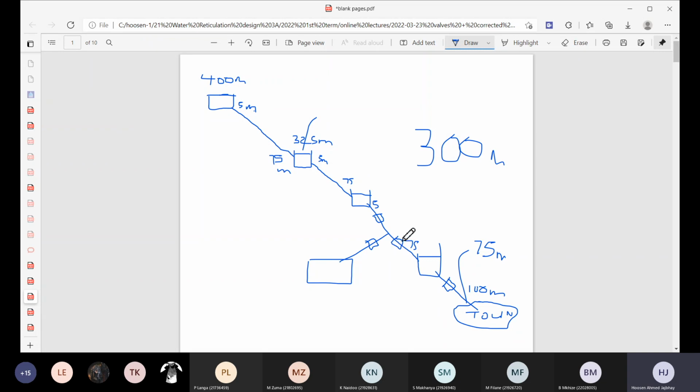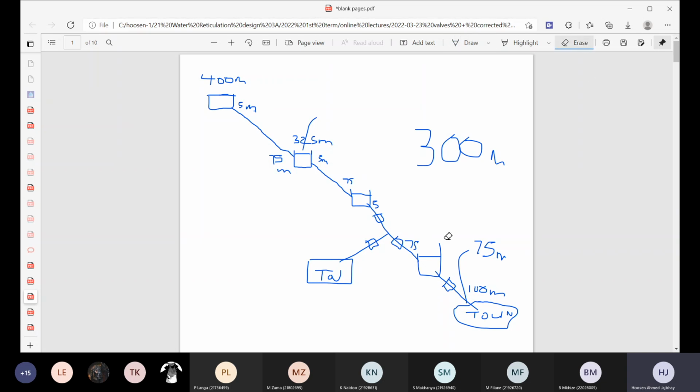The reason you'd have a series of meters at the T intersection, like what I've shown, is so you would be able to pick up if there are leaks in the system. You know how much water is going off to this particular town and how much is going down to that particular town. And if you're measuring it further down at the town again, and those two meters are not measuring the same amount, then you know there's a leak in the system.